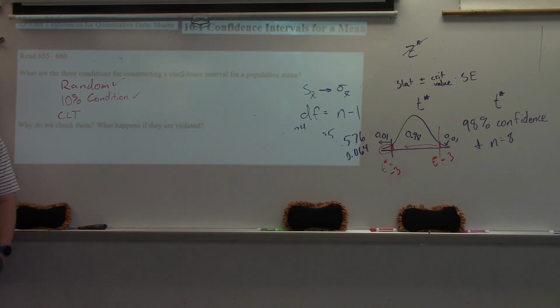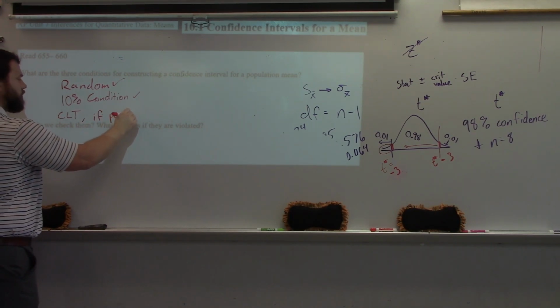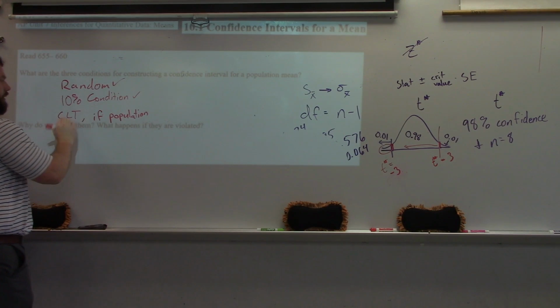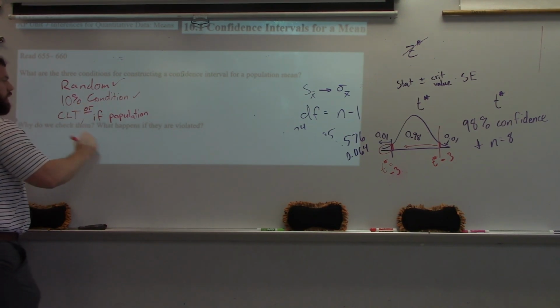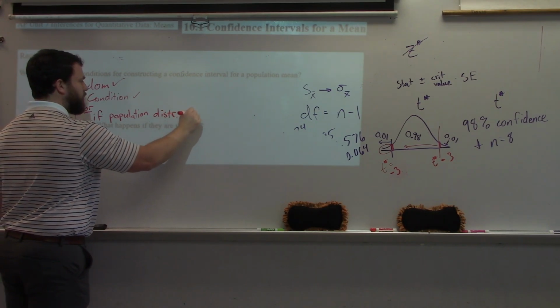So what's another way to know the sampling distribution is approximately normal? If the original is already normal. So central limit theorem, or the population distribution is approximately normal.